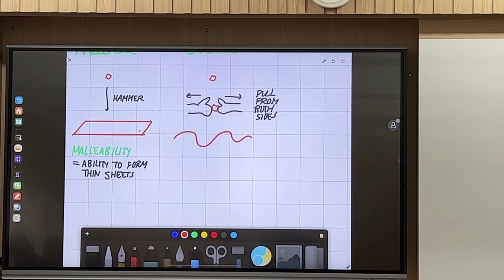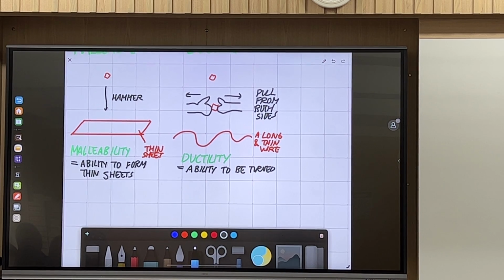So this thing right here is thin sheets of metal. And here you have a long and thin wire. So that's when we use the term ductility. So ductility is the ability to be turned into long and thin wire.